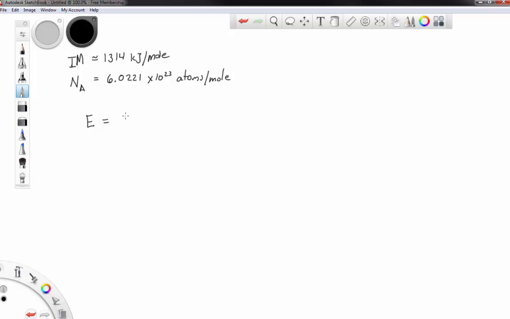So the ionization energy per atom is going to be 1314 kilojoules per mole divided by 6.0221 times 10 to the 23 atoms per mole. So there's a per mole here, there's a per mole there. We're left with kilojoules per atom.